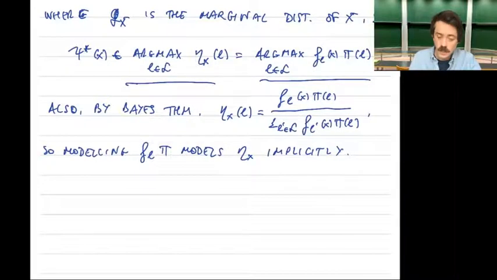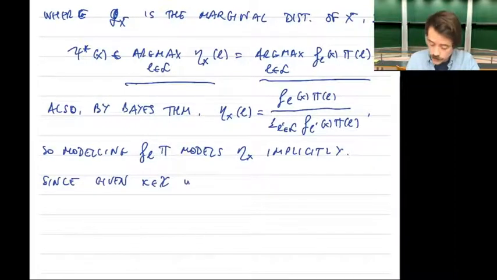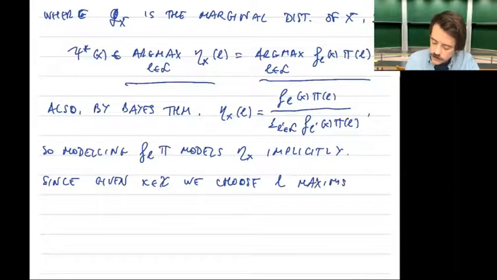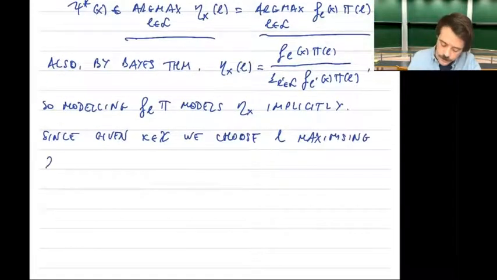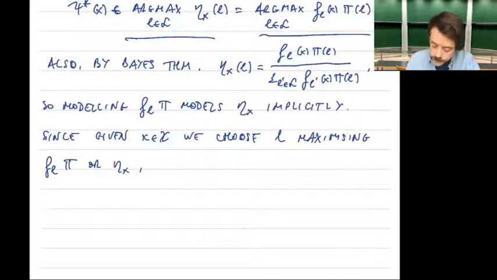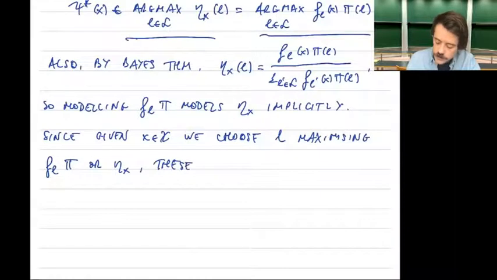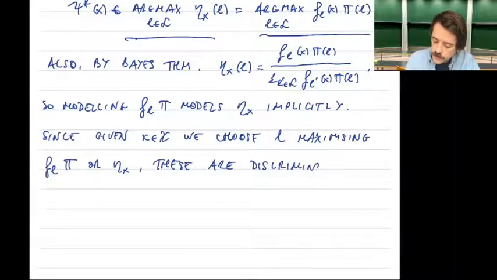Since given x in the sample space, we choose l maximizing f_l pi or eta x, these are called discriminant functions.